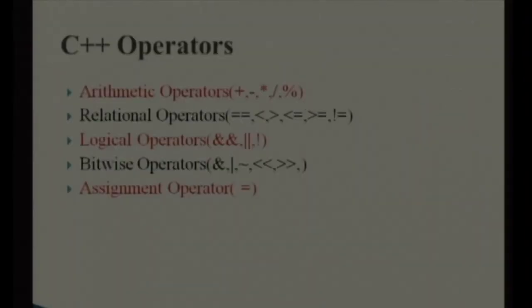Addition for adding two values, similarly subtraction for getting the difference, multiplication for multiplication. What is modulus? It gives the remainder. So, if we have a variable, let us say a, and another variable, let us say b, and if we apply a modulus b, then it will divide a by b, and whatever the remainder is, that will be our modulus.